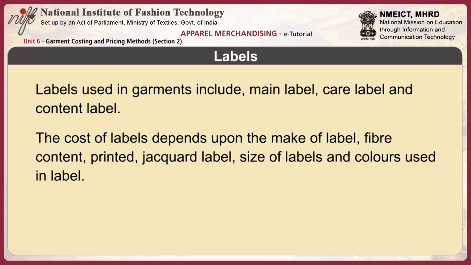As the size increases, probably the cost also would increase. Maybe the printed labels may cost less than the jacquard labels, and it also depends on what type of colors are used in the labels. So the cost would vary depending on the type of the label and the fiber content of the label.